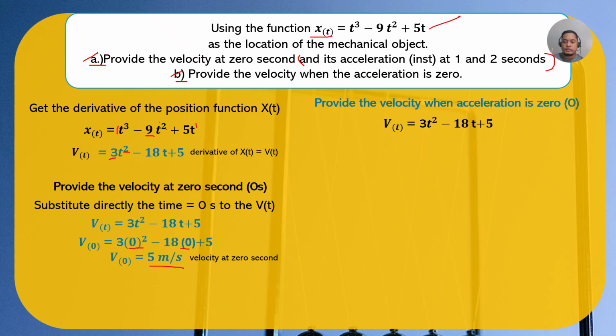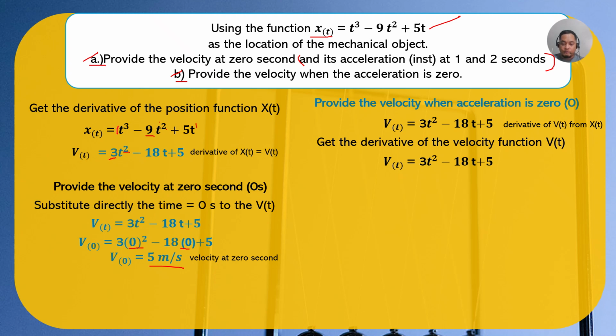Since we're talking about acceleration here, we need to get the derivative of our v of t function in order for us to get the acceleration function. Now let's get the derivative of the velocity function, v of t, in order for us to get the instantaneous acceleration.